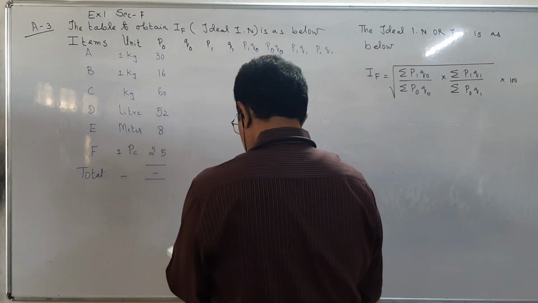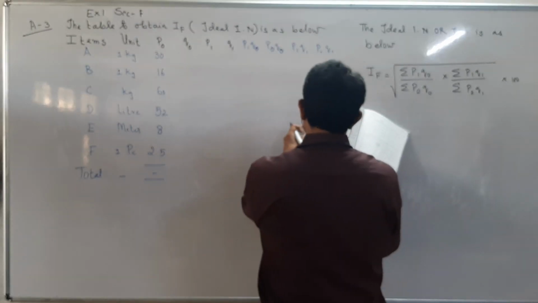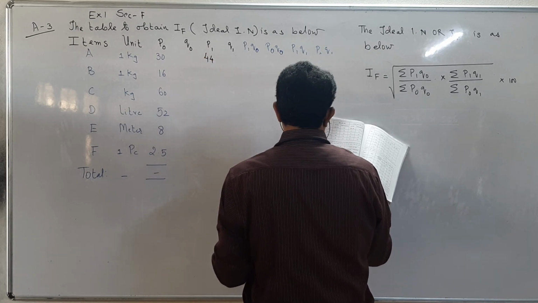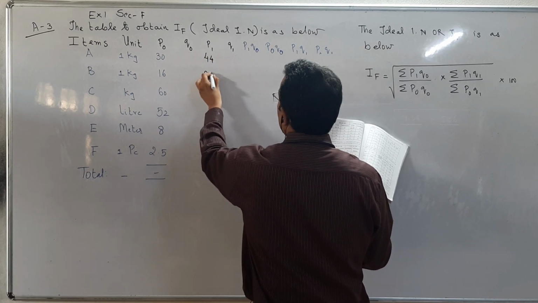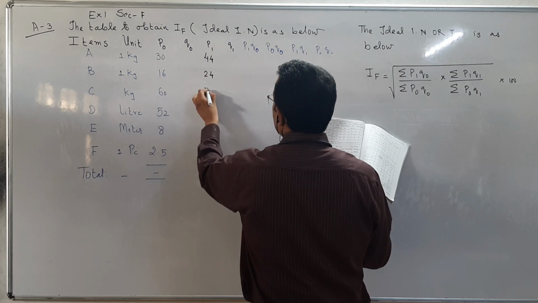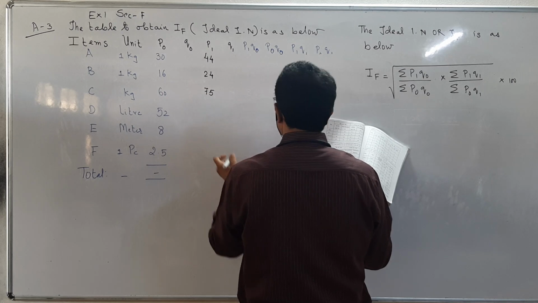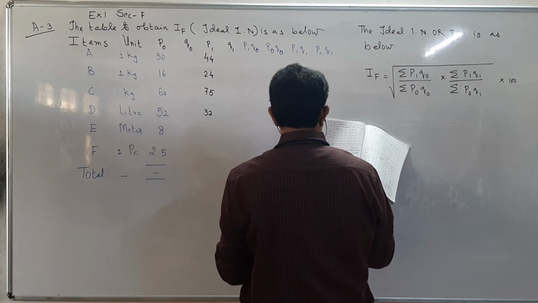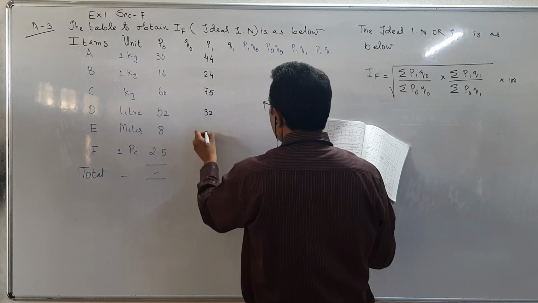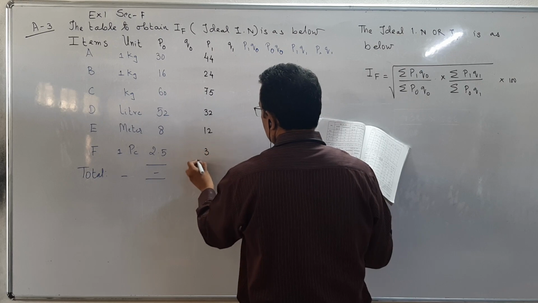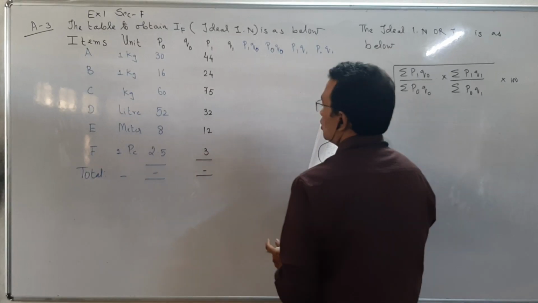P1 880 divided by 20, so 44. Then 2400 divided by 100, so 24. 75 divided by 1, so 75. 32 divided by 1, so 32. Then 12 divided by 1, so 12. 36 divided by 12, so 3. This also we don't total.